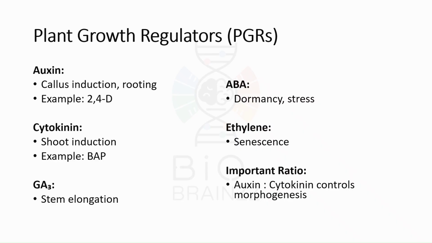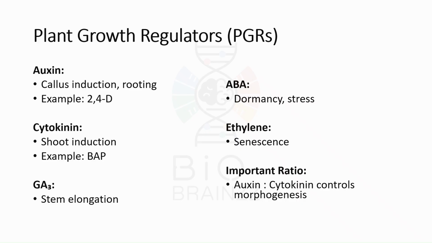Plant growth regulators control growth and development in tissue culture. Auxins help in root formation and callus induction, while cytokinins promote shoot formation. The balance between auxin and cytokinin is very important for deciding plant development.